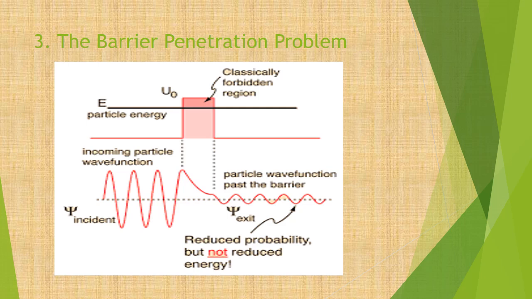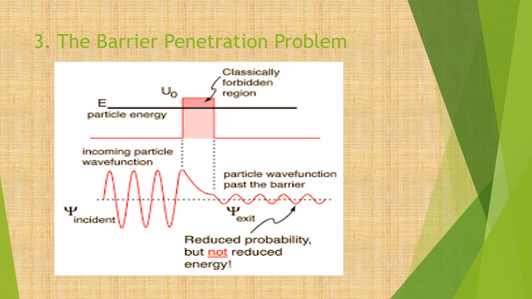Let psi 1, psi 2, psi 3 be the respective wave functions in regions 1, 2 and 3. So look at the picture. Here psi represents the incident wave and on the other side psi exists which represents the transmitted wave.